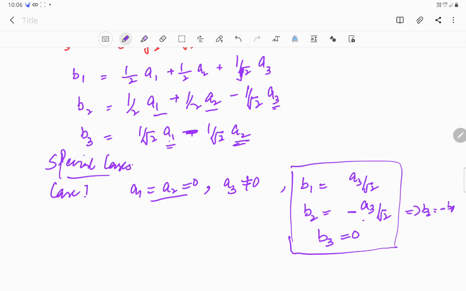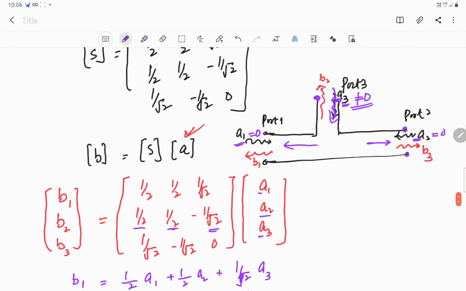That means the phase difference between them is 180 degrees. So a signal being fed at port 3 gets equally divided into ports 1 and 2 with a phase difference of 180 degrees between the signals obtained at ports 1 and 2.